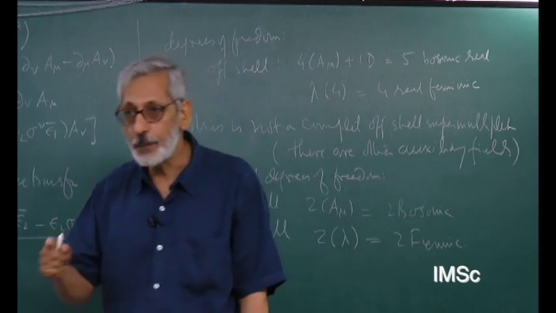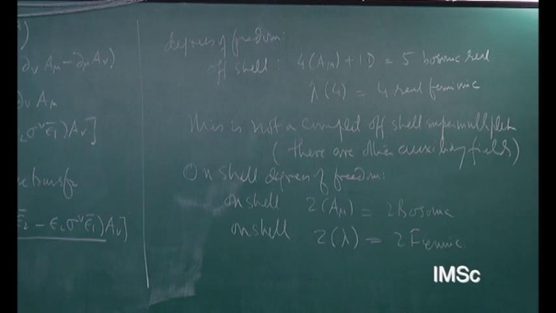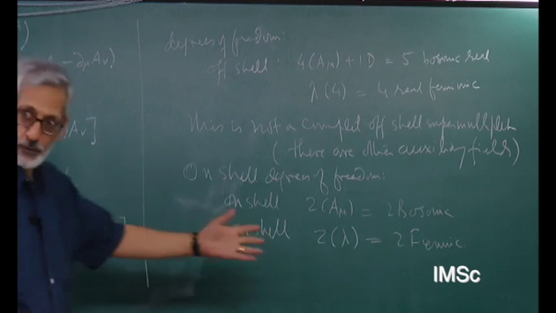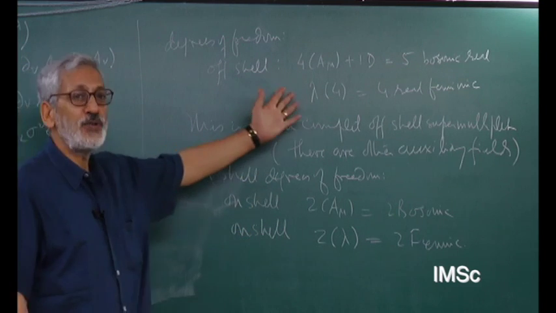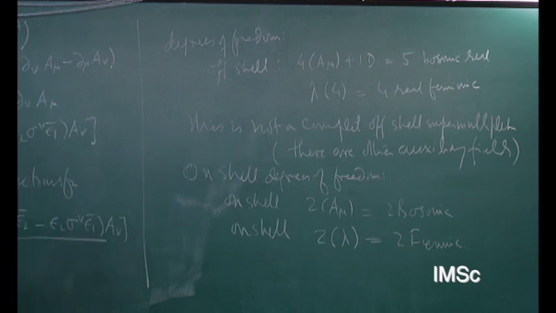Which means the physical spectrum or physical degrees of freedom in the supermultiplet do have Bose-Fermi equality. All right. So that tells us this is a supermultiplet on its own, on-shell supermultiplet, but the off-shell representation that we have given is not a complete representation.